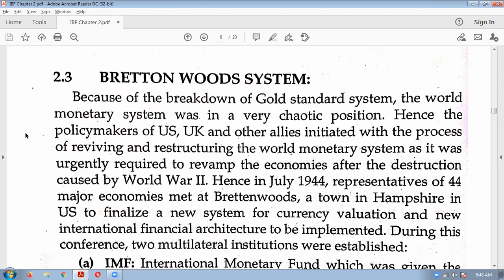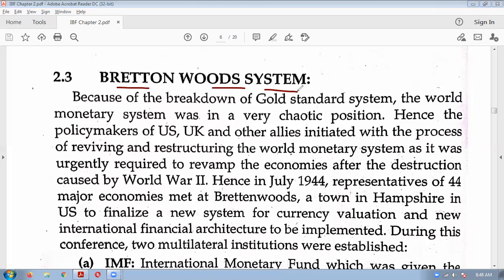That was the gold standard, but it was abolished, we know, in the First World War. Now, after the gold standard system, the new system which came into existence was the Bretton Woods system.